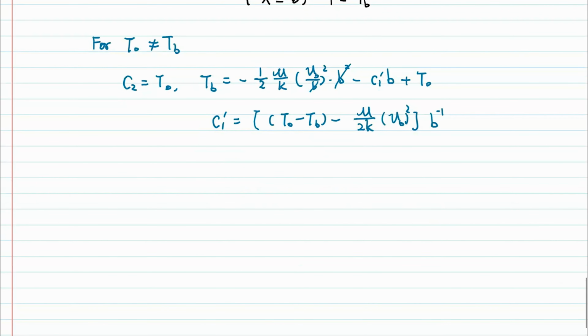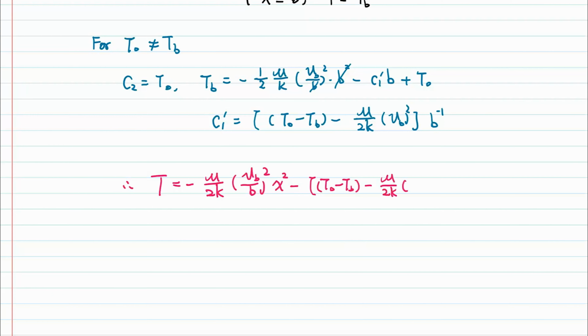So finally we get the temperature profile. T equals negative mu over 2k times vb squared over b squared x squared, minus this big chunk of stuff, minus mu over 2k vb squared times x over b, plus T naught.